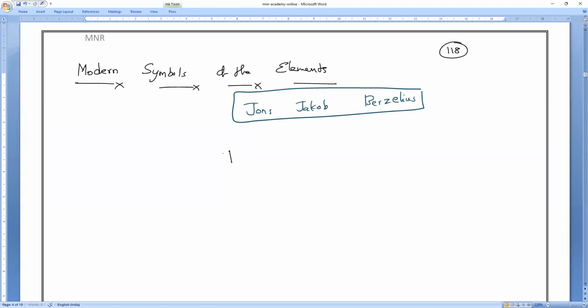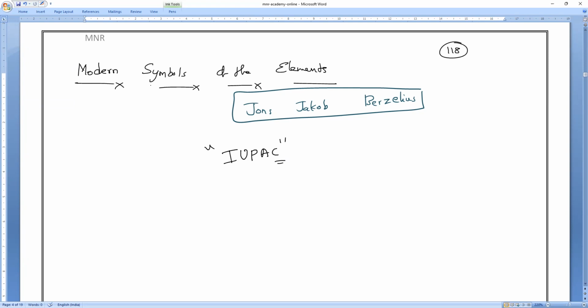Presently, if you discover any element or form a new element, you cannot choose the name yourself. There is an organization that works throughout the world and gives the suggested name. What is that? IUPAC. What is the full form of IUPAC, everybody? It is an international committee which gives the symbols and names.